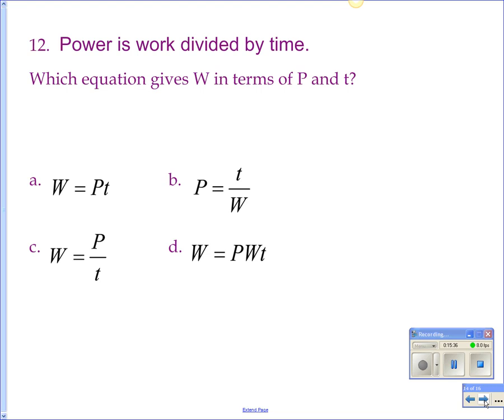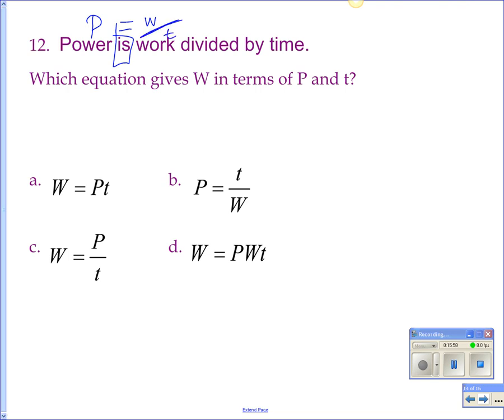What letter do you want to use for power? P? And what do you think I do for is? Good. What do you think comes next? W for work. Then what? Divided by, so I have to put a divide symbol.